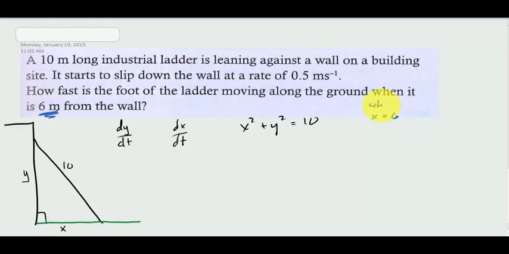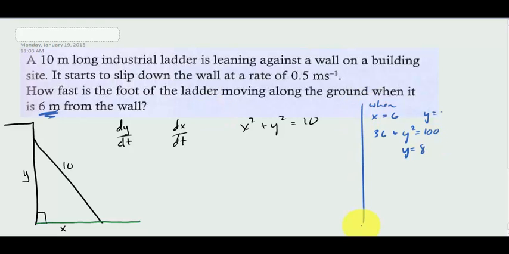So when x equals 6, it might be nice to know what y is. 36 plus y squared equals 100. Y ends up being 8.